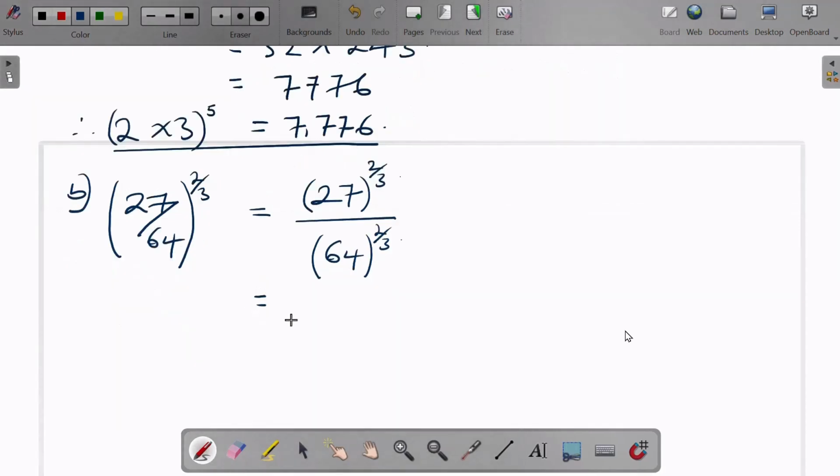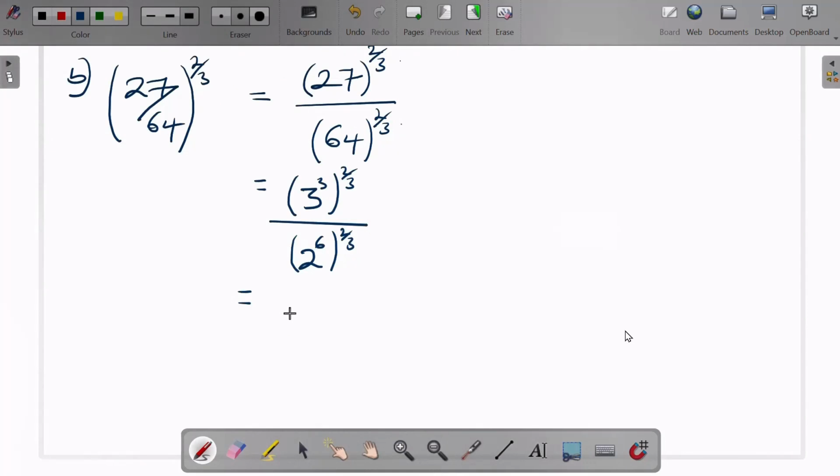As we simplify this further, in case we split this in terms of 3, 27 is the same as 3 to the power 3, but we have the power which is 2 out of 3, divided by, if we separate 64 in terms of 2, the same as having 2 to the power 6, but we have the power which is 2 out of 3. This is the same as having 3 to the power 3 multiplied by 2 out of 3 divided by 2 to the power 6 multiplied by 2 out of 3.